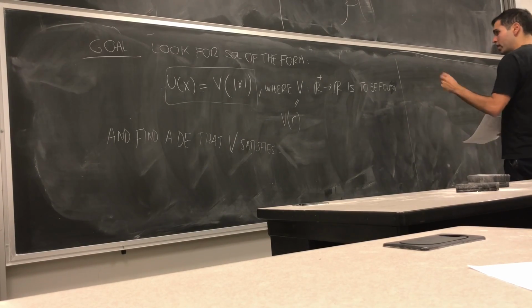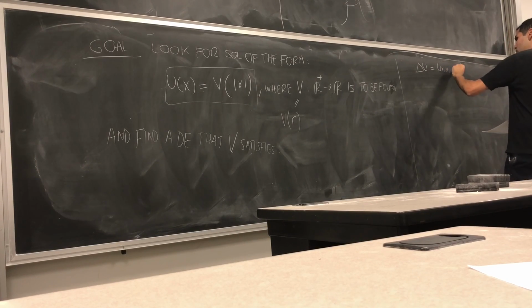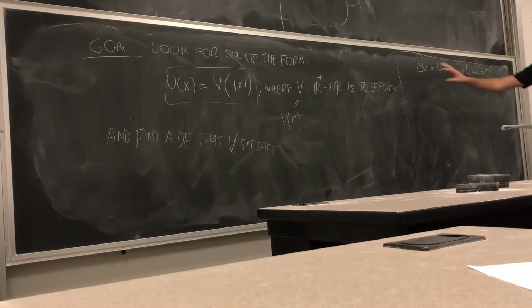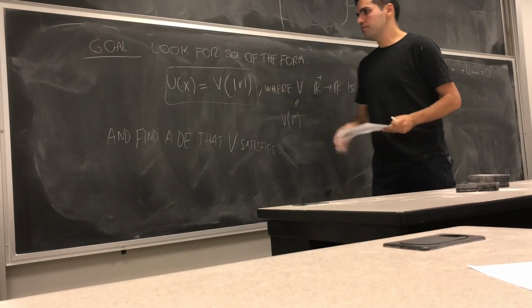Okay, and now, what is the Laplacian of u? Again, that's u_x1x1 plus blah blah blah plus u_xnxn equals 0. So, because we want the Laplacian of u equals 0, let's write the derivatives of u in terms of v.